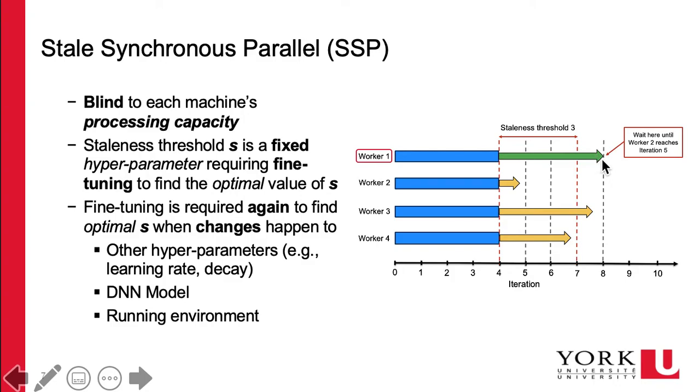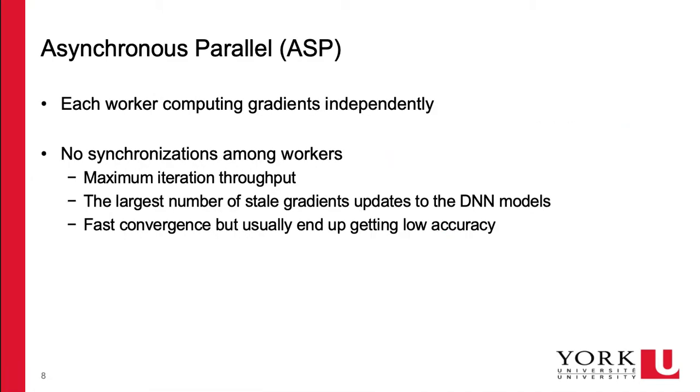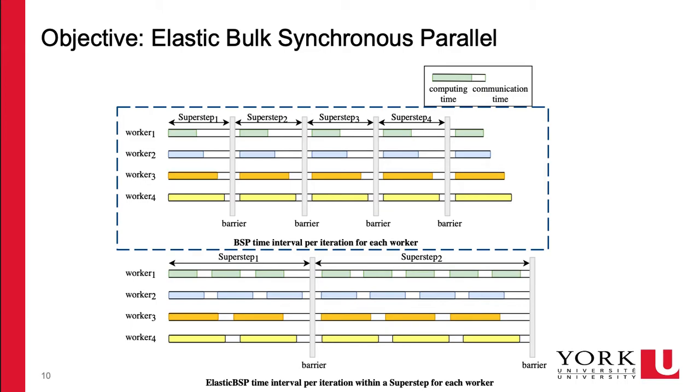Then it has to stop when the threshold is exceeded, until worker 2 reaches the end of its iteration, and then it can proceed. In Asynchronous Parallel, all the workers compute the gradients independently. There are no synchronizations among the workers. So it delivers the maximum iteration throughput and also produces the largest number of stale gradient updates to the model training.